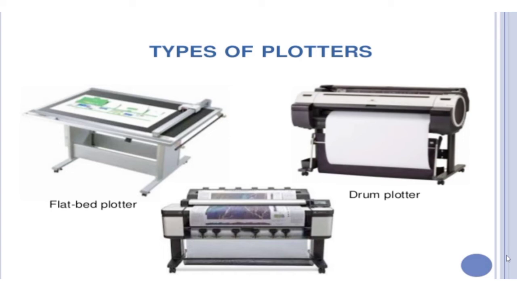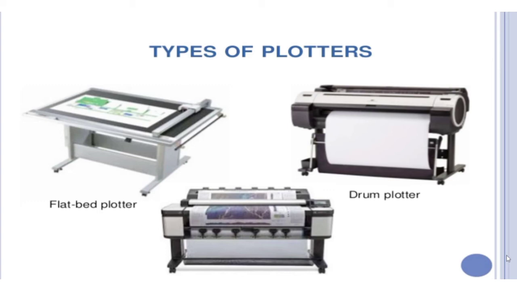Now, next is the drum plotter. A drum plotter consists of a drum. Paper on which the design is made is kept under the drum. The drum can rotate in both directions. The plotter comprises one or more pens and a pen holder.